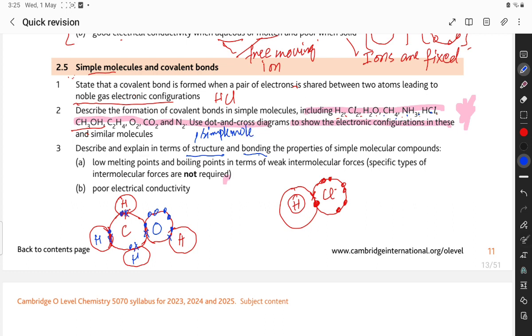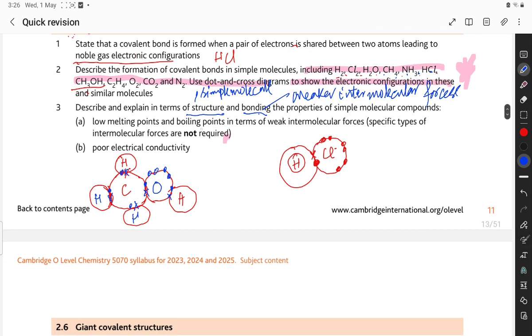Don't write covalent bond; the covalent bond is not the weak force. For simple molecules, the bonding is weak intermolecular forces, which require less energy to break. So that's why they have low melting and boiling points. For low melting and boiling points, specific types of intermolecular force are not required. Just write down weak intermolecular forces.